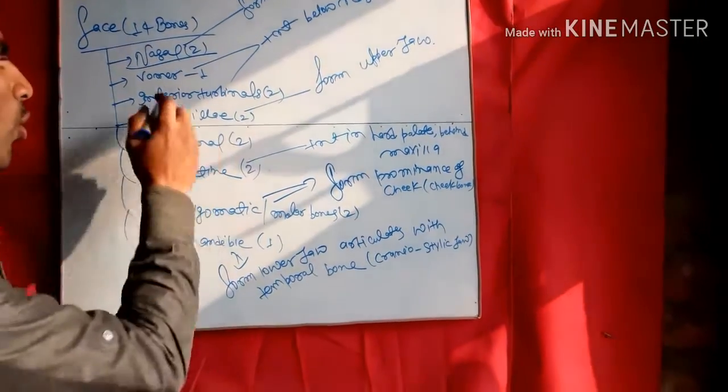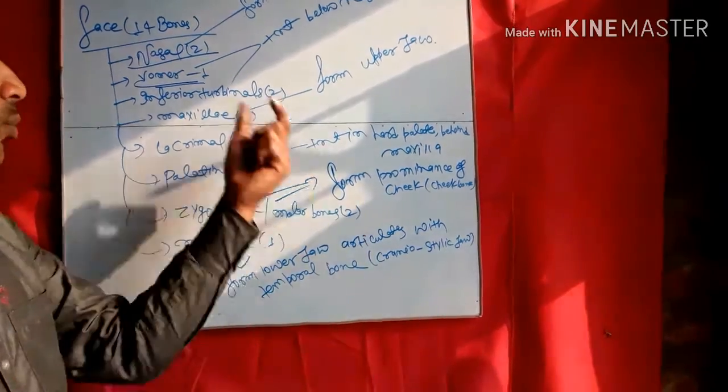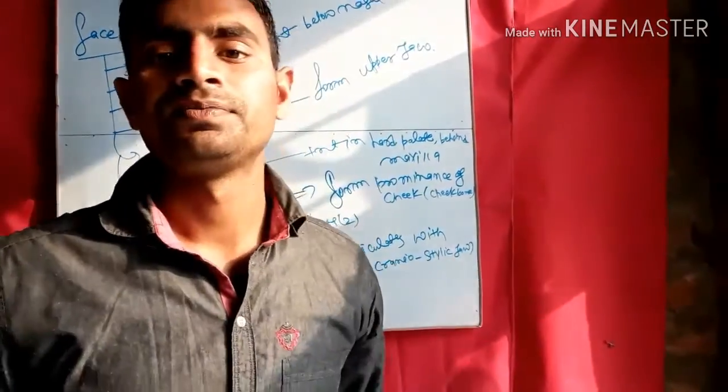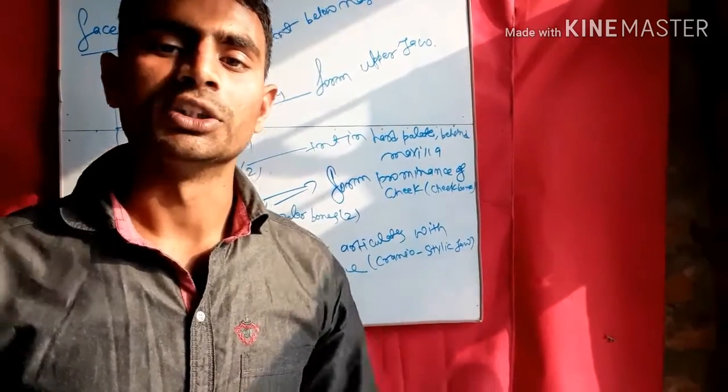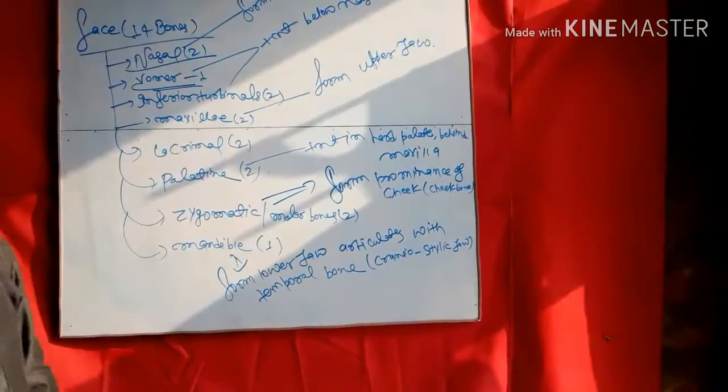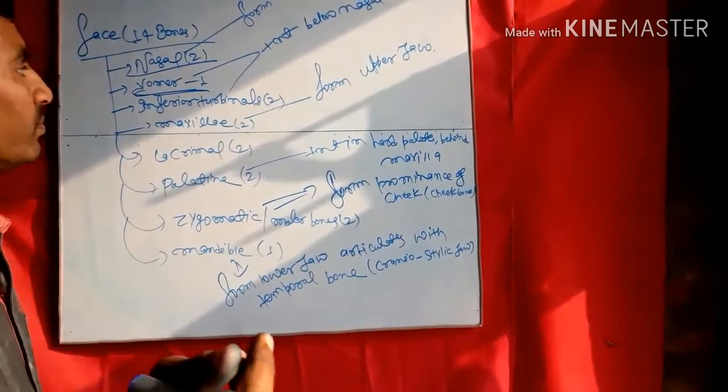Vomer is present below the nasal bone, and its number is 1.